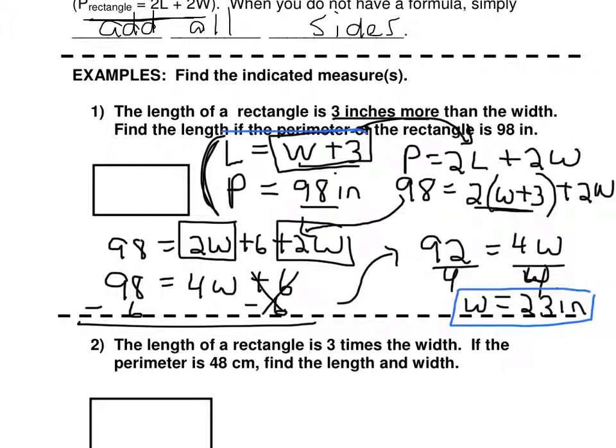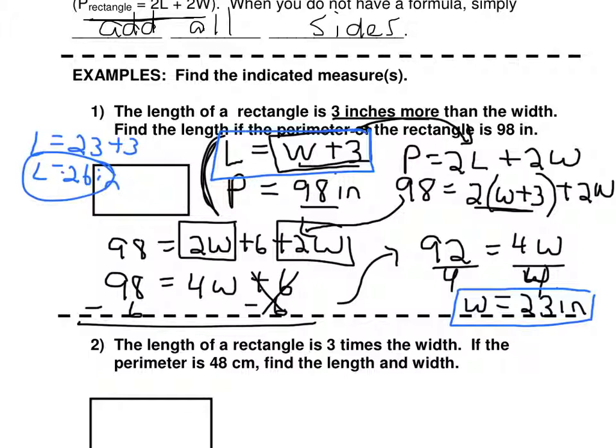Well, the length is right here. So the length is equal to W plus 3. W is 23 plus 3. So the length is equal to 26 inches. And yes, you should put your dimensions. All right, so that's how you do number 1. So it's multi-step problem. You need to show your work and you need to put it into an equation.